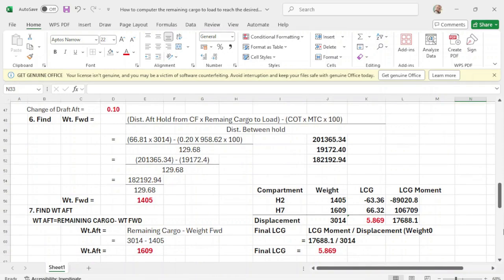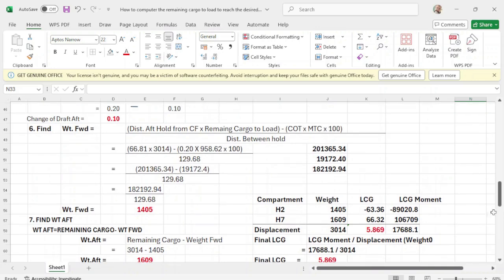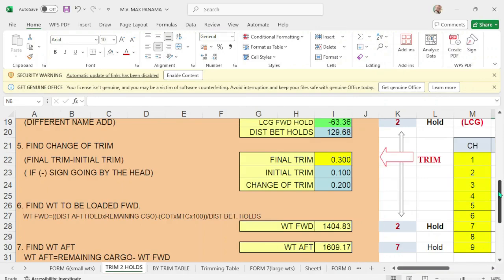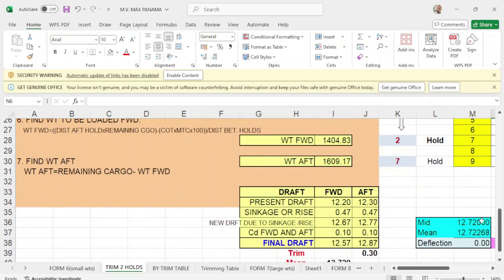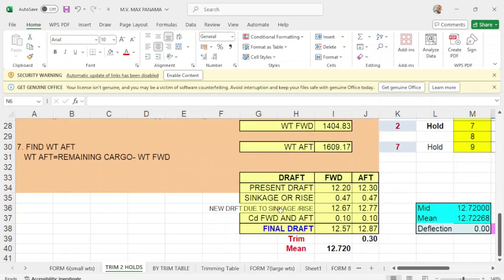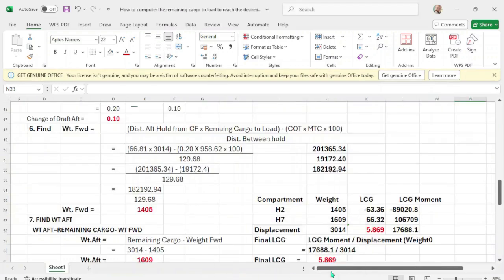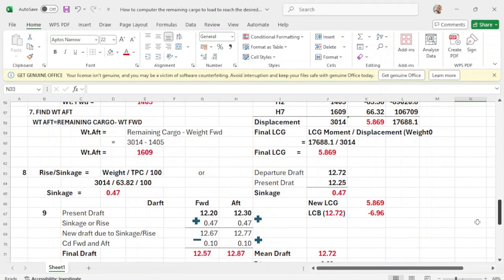I already explained this one. So the problem stops here. Okay, but I already extended this one, so this figure here is the same with this one.